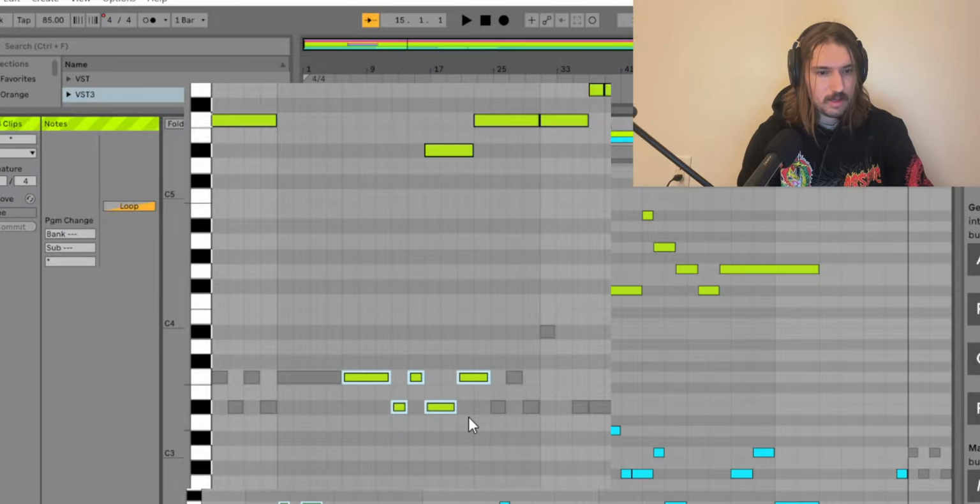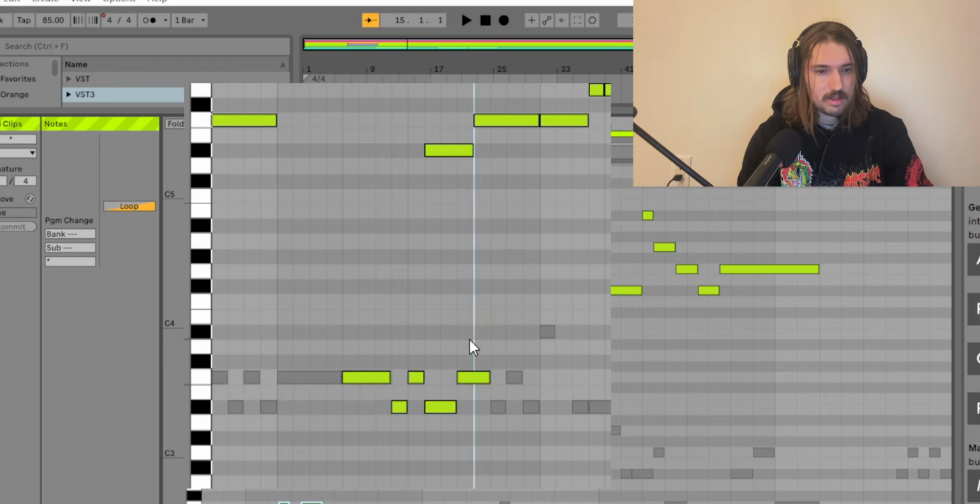Except, again, it's a mirror image. So then if we end up flipping it, or if I just shift this, now we kind of understand where this idea is coming from.